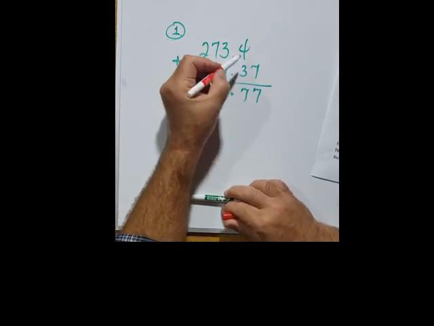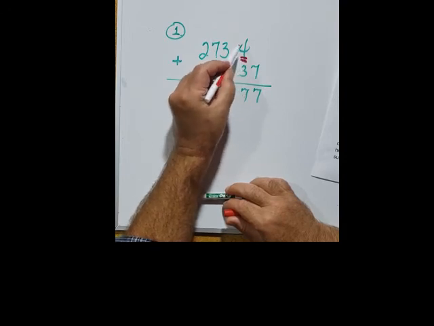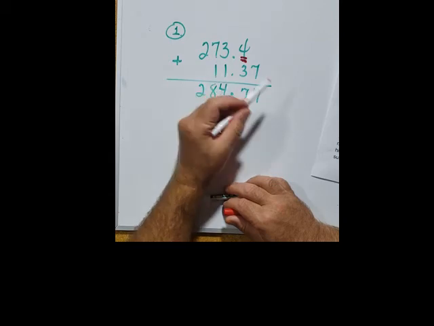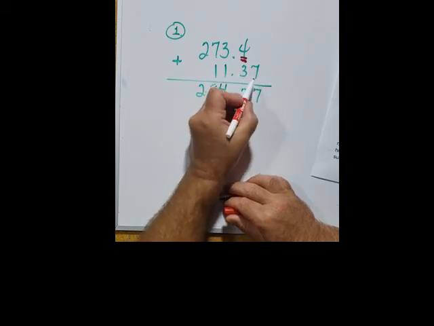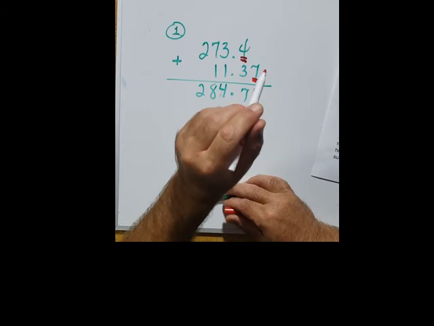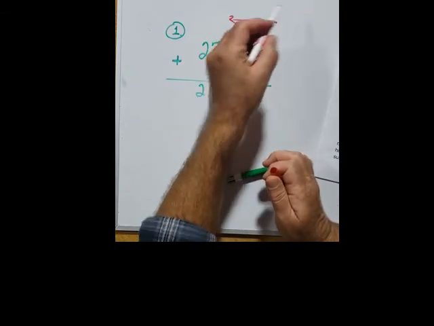Well, they're all non-zeros, so the last sig dig is in fact the 4. The 4 is a significant digit. How about the 11.37? Well, they're all non-zeros again. All 4 digits are significant. The last of those significant digits, the 7, however, is in the hundredths place.